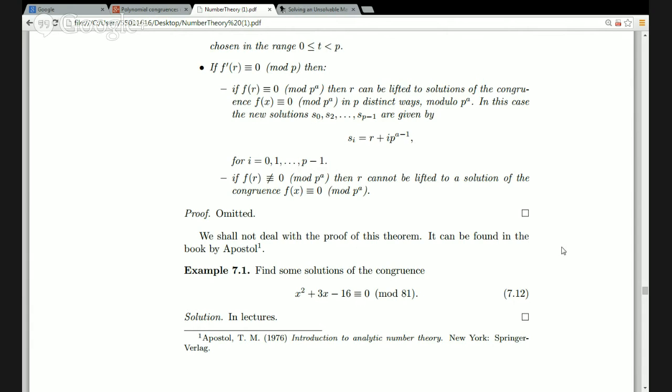54 divided by 9, congruent to 0, modulo 3. And that's true if and only if t is, no, still modulo p. You see, we're looking at equation 7.11 in the notes. It's still this linear congruence is always solved modulo 3.